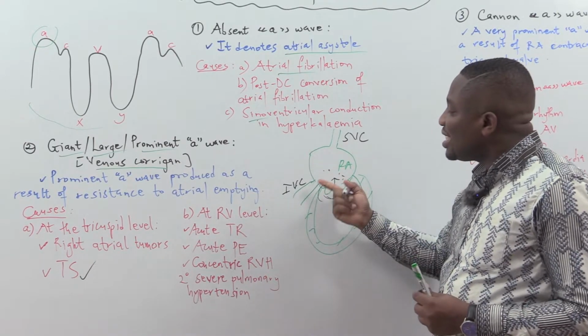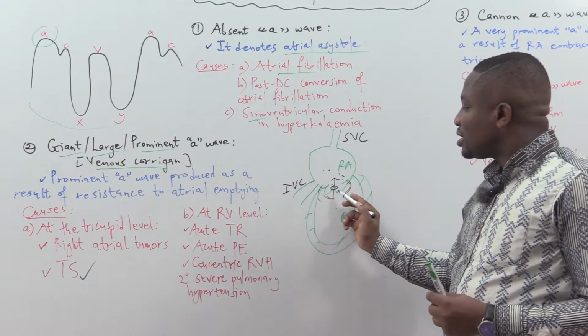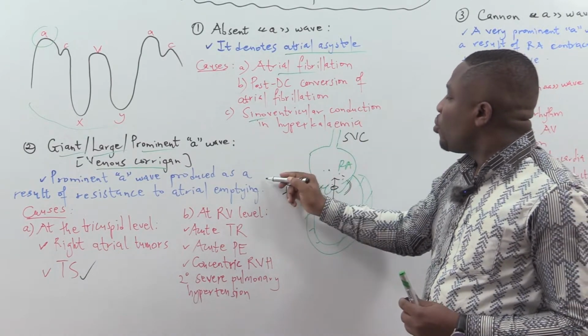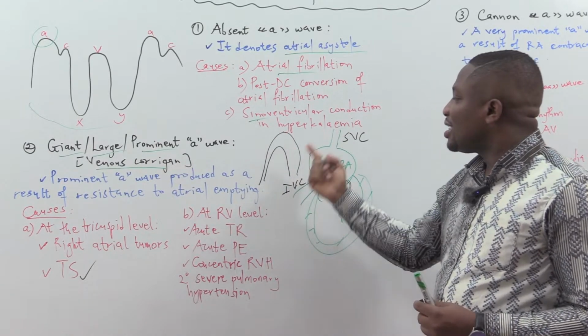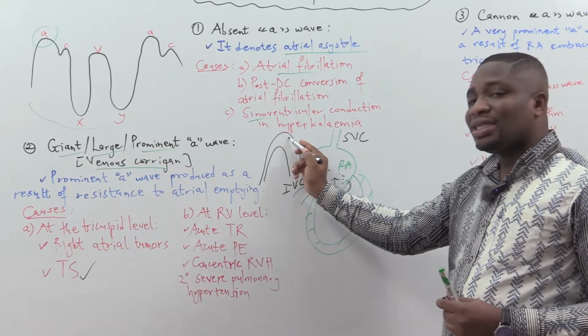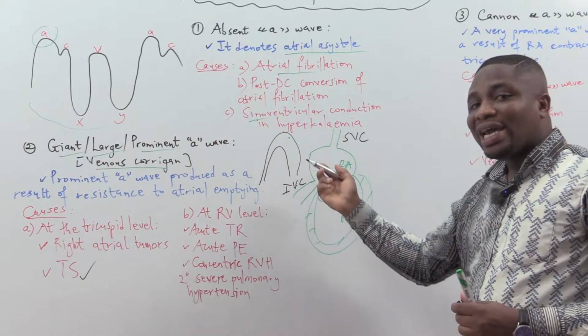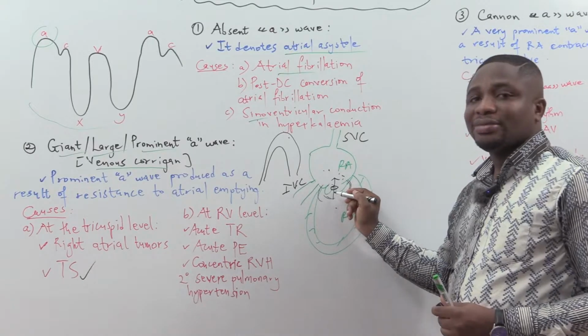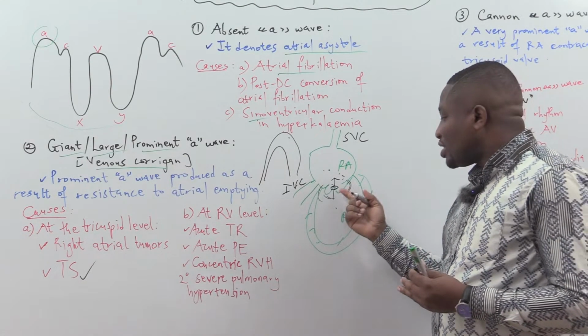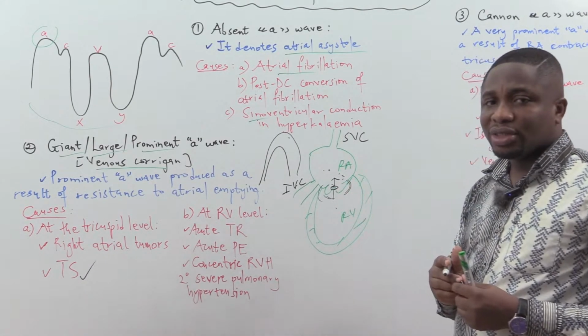And as it's contracting in excess to overcome this resistance, the amplitude of the A wave, which was formerly like this, will now become like this, telling us that the A wave has become what? Large or prominent or giant. Why? Because there is a resistance against the right atrial emptying. And at the tricuspid level, tricuspid stenosis is one of the causes.